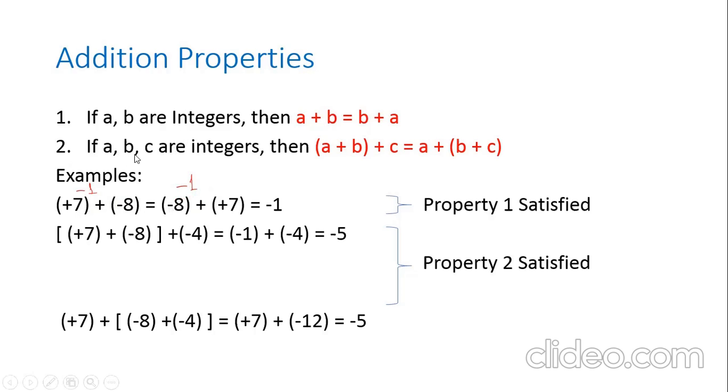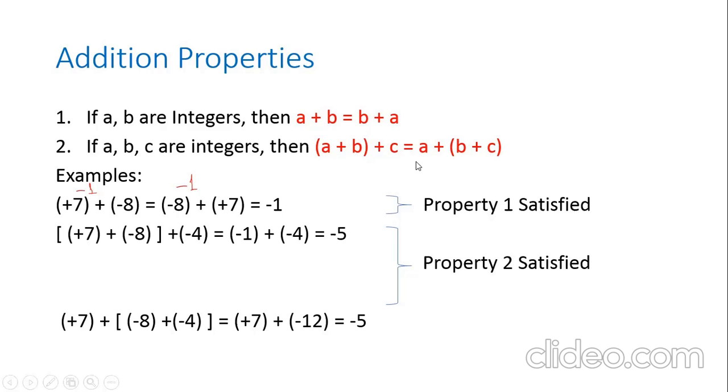Another property, if we have three integers, a, b, and c, then a plus b, adding them together, and then adding the result to c, is equal to calculating b plus c first, like adding b and c together, and then adding the result to a.